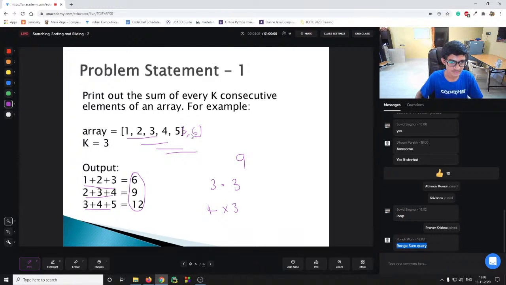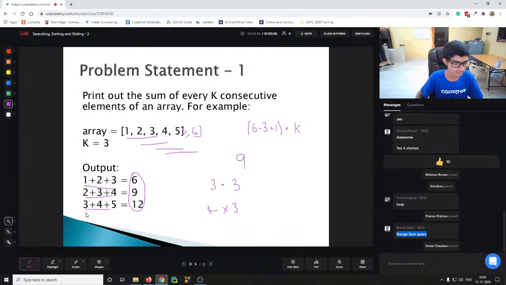If we assume there's a 6 here, then there should be 4 windows, which is the number of elements, 6, minus k, where k is 3, plus 1, times k. This is the total time taken if you use the brute force method. You would also add 4 plus 5 plus 6 equals 15, so this would also be there. So this would be 12 times.